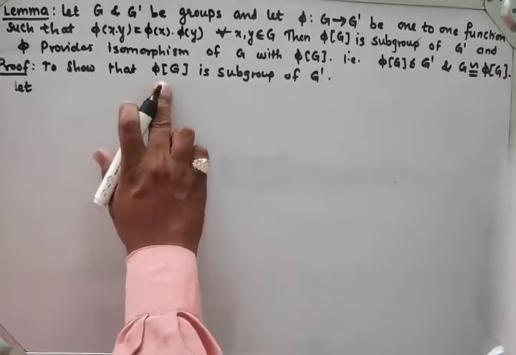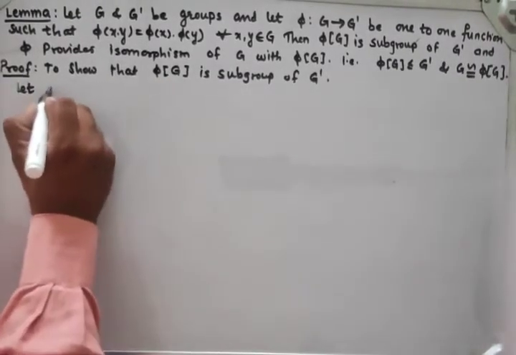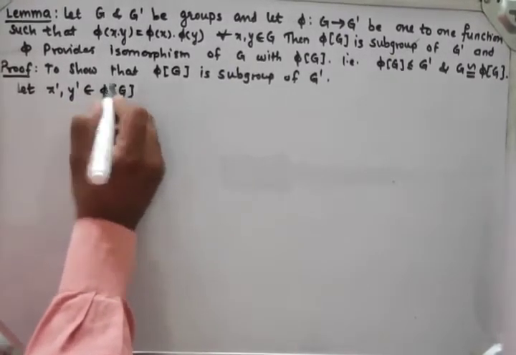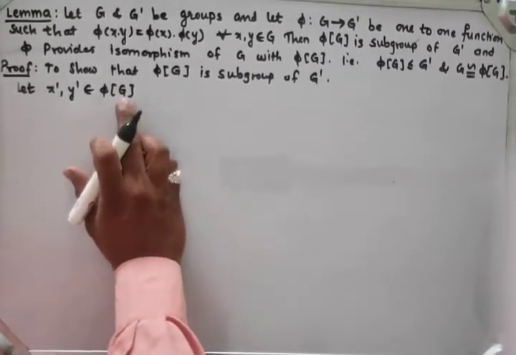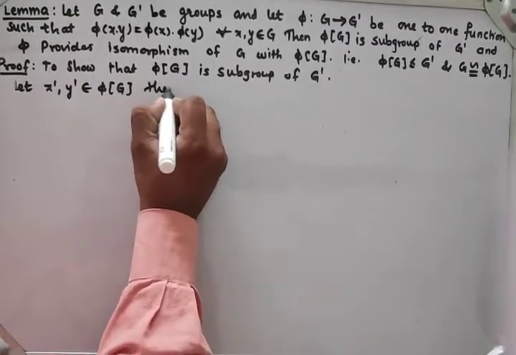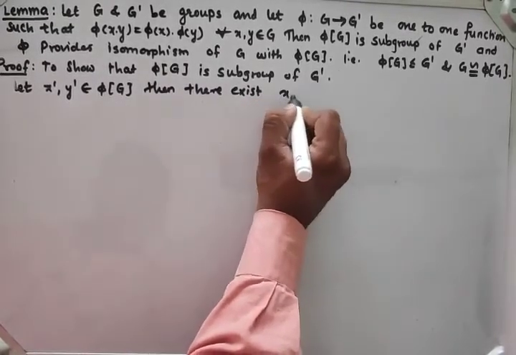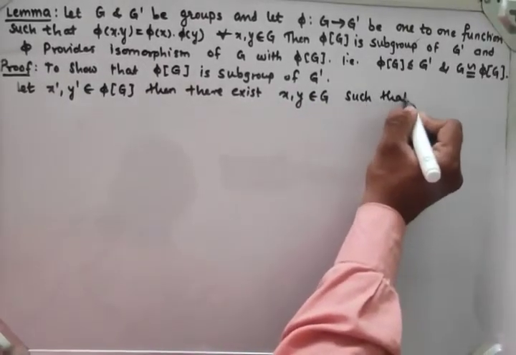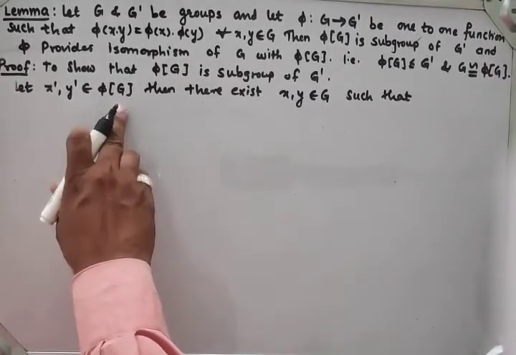So first show phi of G is a subgroup of G dash. Let me take two elements x dash, y dash belongs to phi of G. Then there exist x, y belongs to G such that x dash, y dash belongs to phi of G means elements of the form phi of x and phi of y.